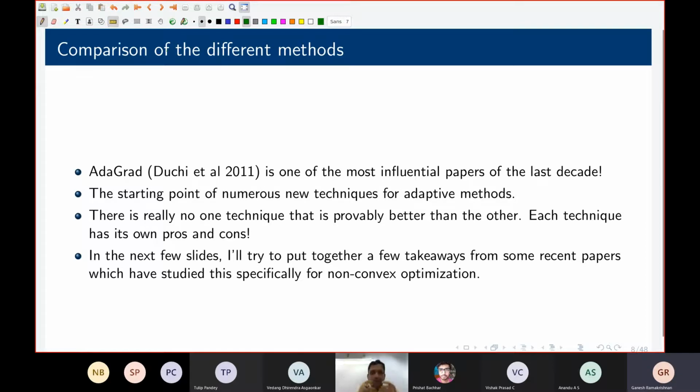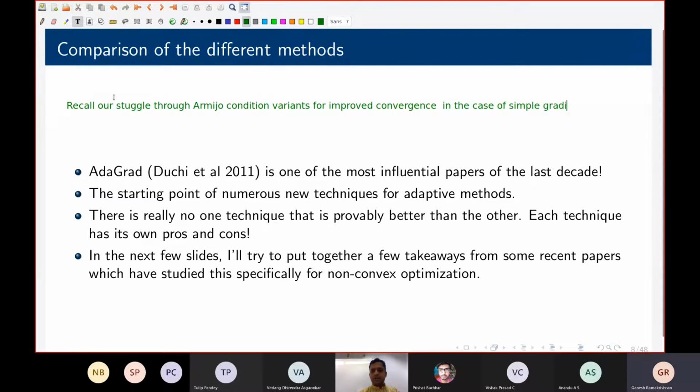The whole notion of adaptive learning rate, for which we struggled hard in the standard gradient descent paradigm through RMO conditions, has really opened up that entire space, for improved convergence in the case of simple gradient descent.